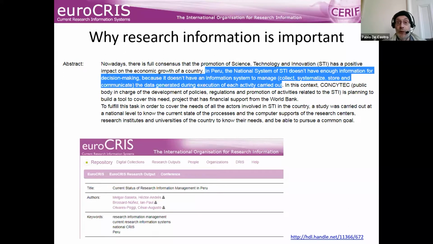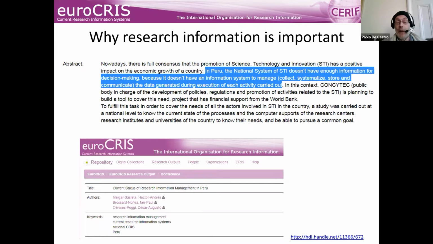The abstract of this submission says that in Peru, the national system of science, technology, and innovation doesn't have enough information for decision making because it doesn't have an information system to manage, namely to collect, systematize, store, and communicate the data generated during execution of each research activity carried out.